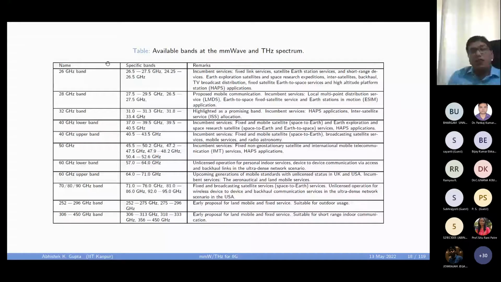Most of these bands may have some incumbent services, which means they may already be used for other purposes. So if you want to use such a band, they need to either coexist or some protection laws need to be made so that these applications or users can coexist.